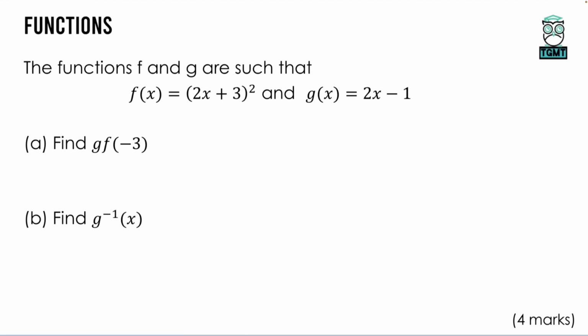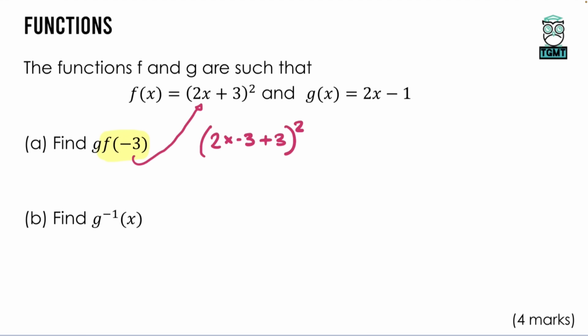Now when we are doing this, we are going to first substitute this -3 into the letter that's closest to the number. So I've tried to just highlight the f there. So we're going to do f of -3, which means to put -3 where the x is in this f function. Now when we do that, we get 2 times -3, this is in the bracket, and then add 3.